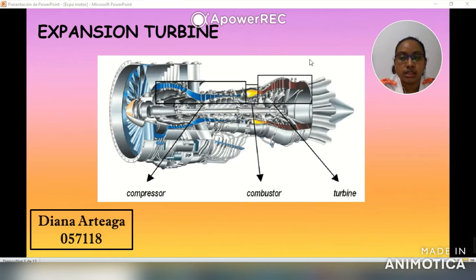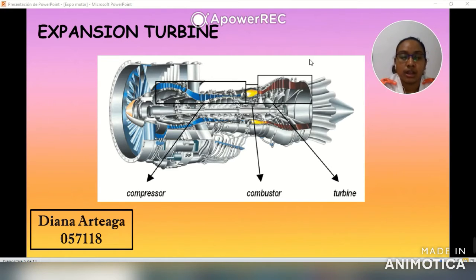It is usually made up of 4 or 5 stages, each one made up of a crown of blades with a sophisticated aerodynamic design, which are responsible for turning the rotor to which they are coupled.